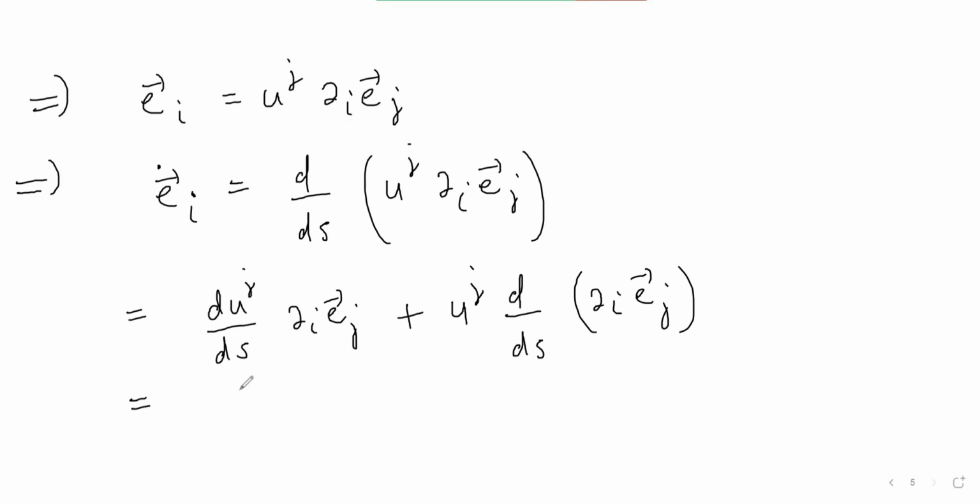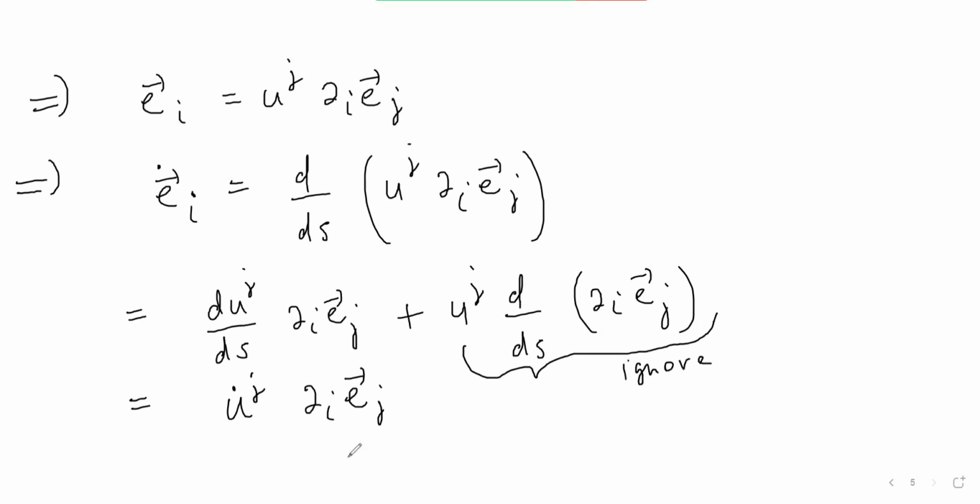This du_j/ds we can write as u-dot_j, multiplied by partial_i e_j. And of course, this term here with the second order derivative we can ignore, because it is insignificant in our derivation.